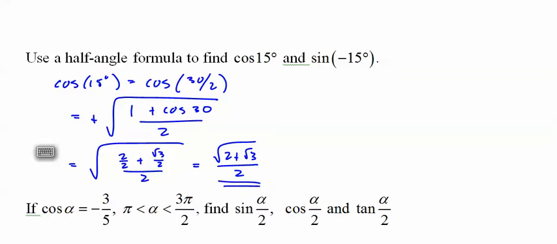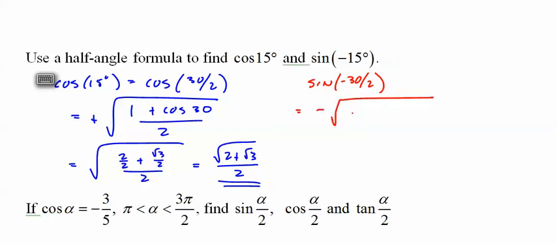And what about sine of -15? Sine of -30 over 2. So we take that and we run with our new formula. -15 will be negative, so negative square root of 1 minus cosine of -30. You're probably thinking, whoa, those negatives are going to mess me up. Yep, they're going to be a pain.